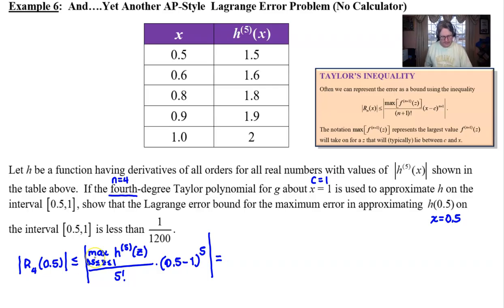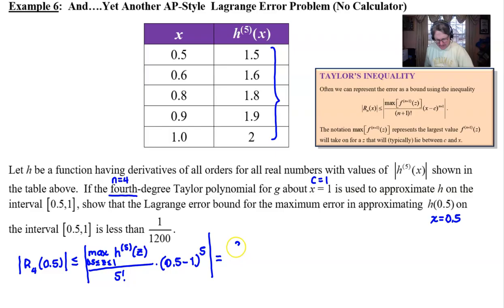So what is that maximum value of the fifth derivative? Well, on the interval 0.5 to 1, we just have to look through all of these numbers and see what seems to be the largest value there. And so we're going to go ahead and assume that value to be 2.